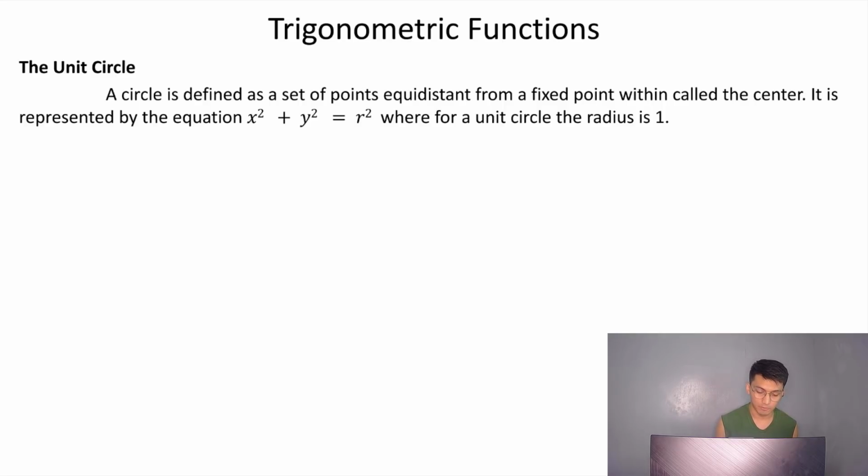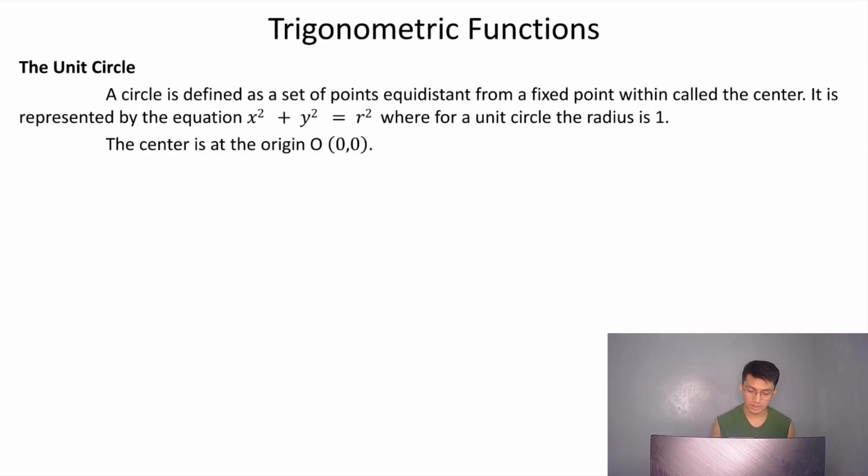So, if you can observe, hawig lang din siya ng Pythagorean theorem. Where, for a unit circle, the radius is 1. Kapag gagamit tayo ng unit circle, ang ilalagay natin na value ng radius is exactly 1 lang. And the center is at the origin O, (0, 0), center ng ating coordinate plane.